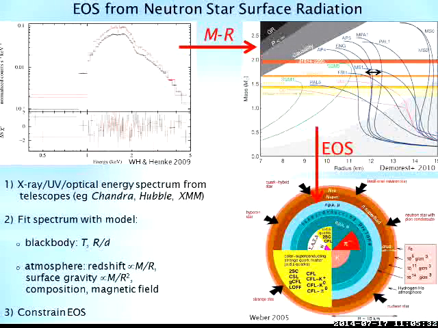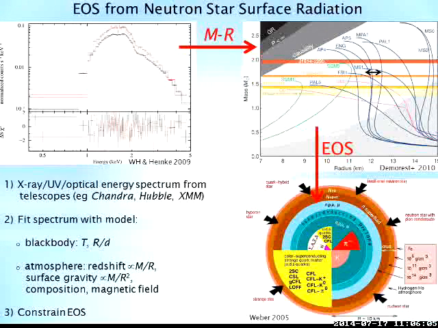Okay? You can go with more advanced models and consider an atmosphere, like the sun. The sun does not emit as a black body because you're looking at the photosphere, so you have to account for the opacities and the abundances of different elements in the atmosphere. Same thing with a neutron star, and those things will give you the redshift, which depends on m/r, or surface gravity, the composition of the atmosphere, and things like the magnetic field.